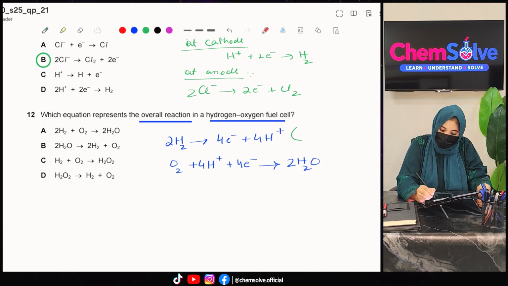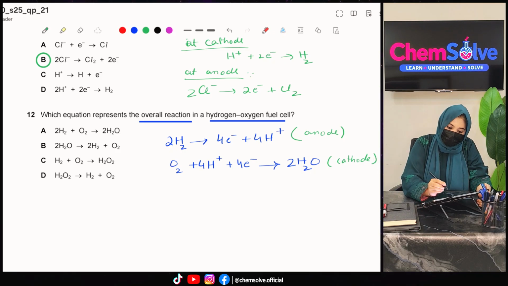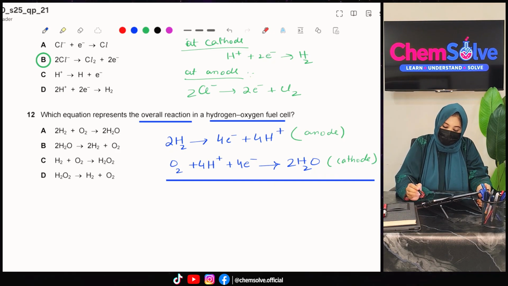This is the equation which takes place at anode and this is the equation which takes place at cathode. Now if I add both of them, what will happen?